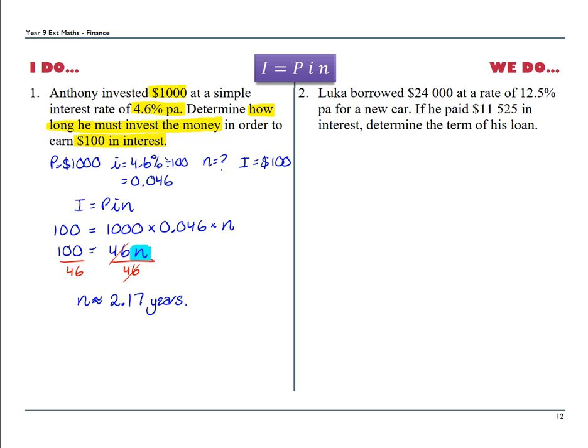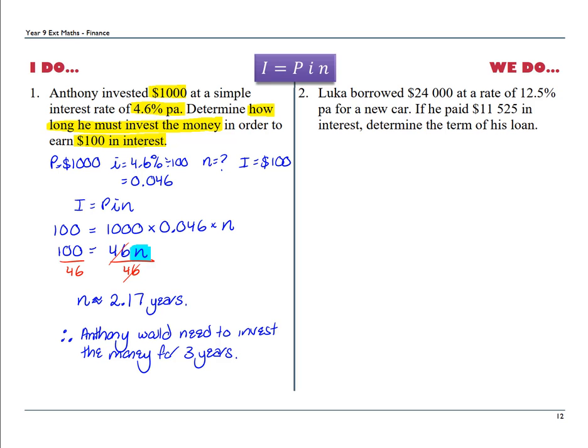Now, if we're only earning interest per year, you would need to round up to 3 years, because you're not going to have enough money at 2 years. You're going to have to go for 3. So therefore, Anthony would need to invest the money for 3 years.